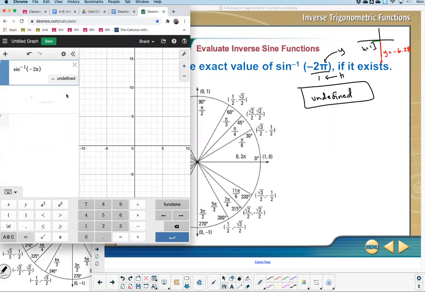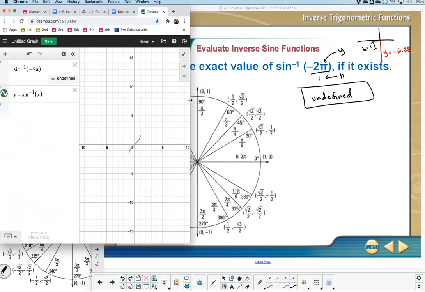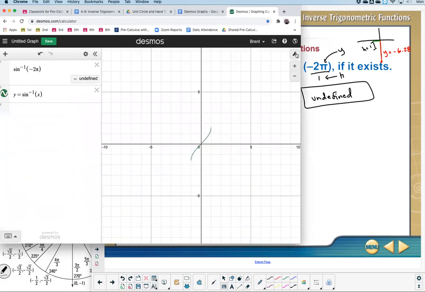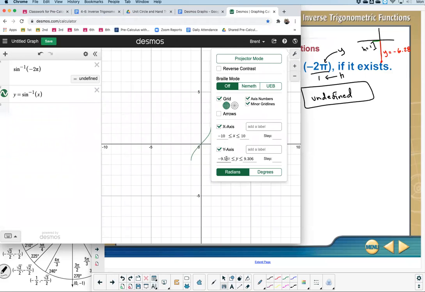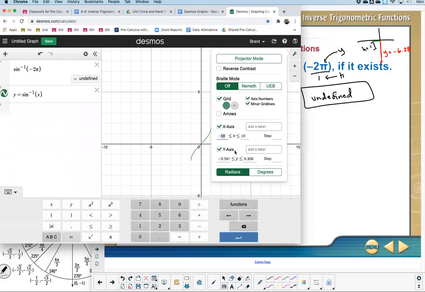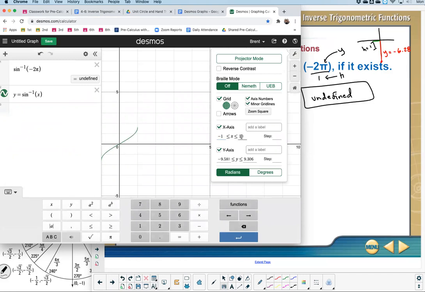Let me clear these. Here's the graph. Y equals sine inverse of x. Let me make this a little bigger and get my settings right. What you're about to learn is that the domain is going to go from negative 1 to 1.